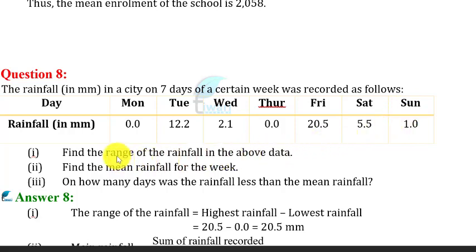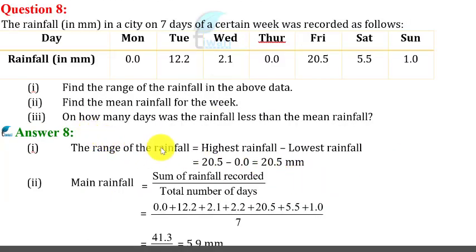So we have to find three answers. The first question is: find the range of the rainfall in the above data. Find the mean rainfall for the week, and on how many days was the rainfall less than the mean rainfall.